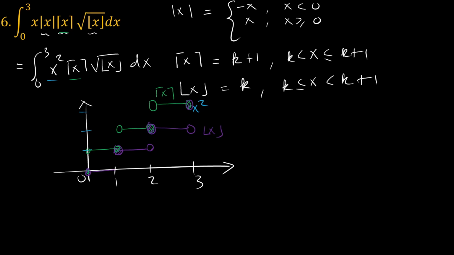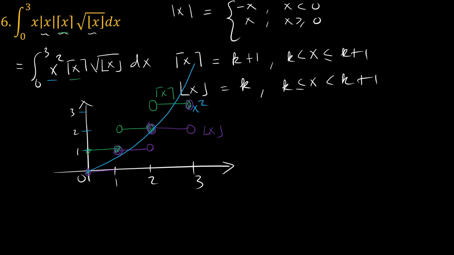And we by mistake deleted, sorry, this is supposed to go all the way up, x squared. Anyway, that's the idea, and this is 1, 2, 3.